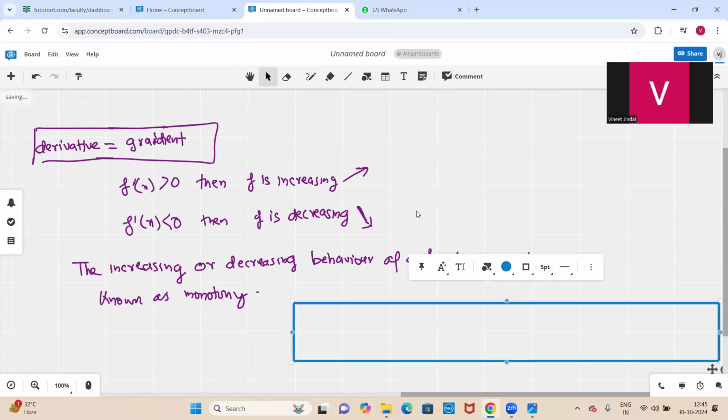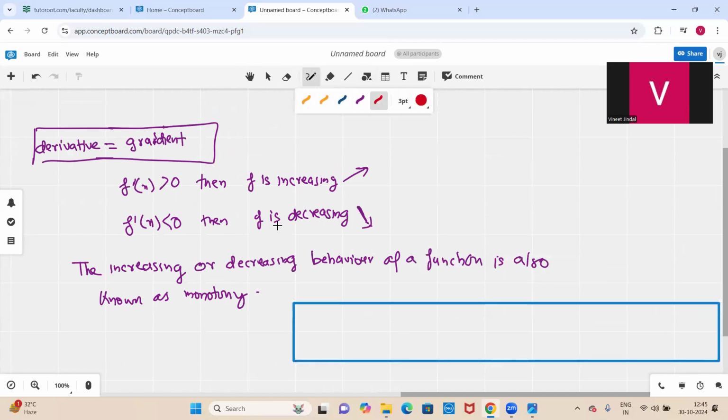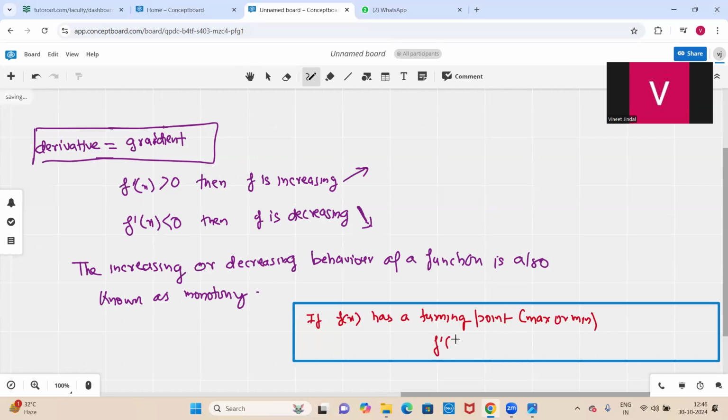There is a point which is called the turning point. If a function has a turning point of maxima or minima, then there exists a point where the derivative is equal to 0.